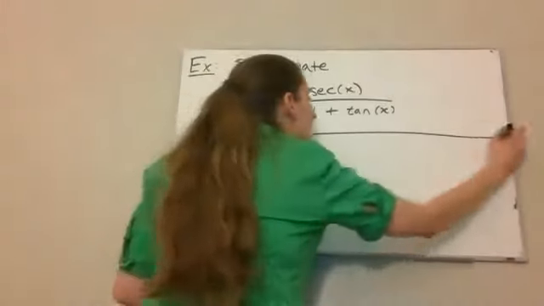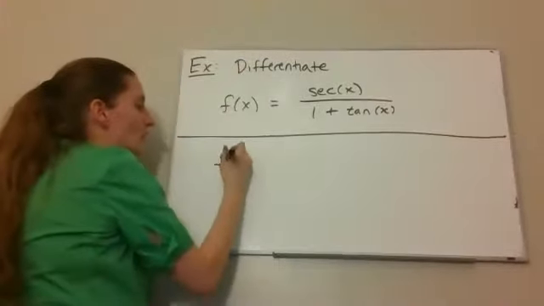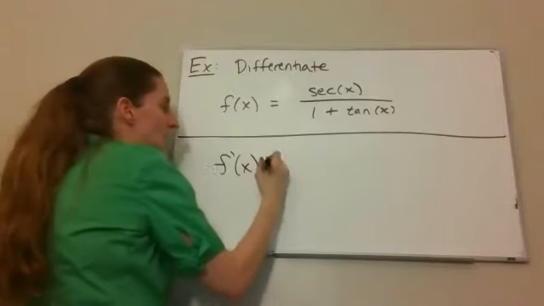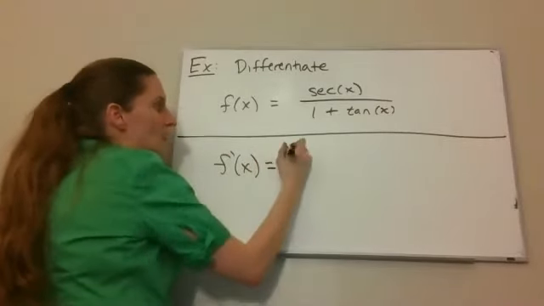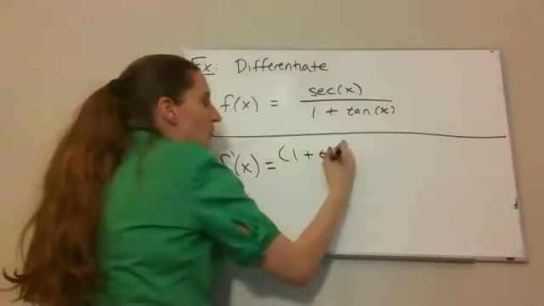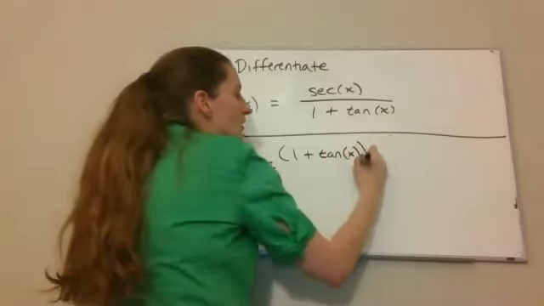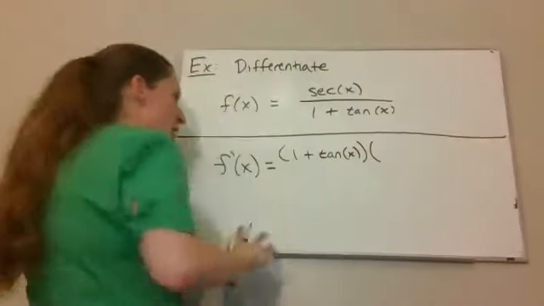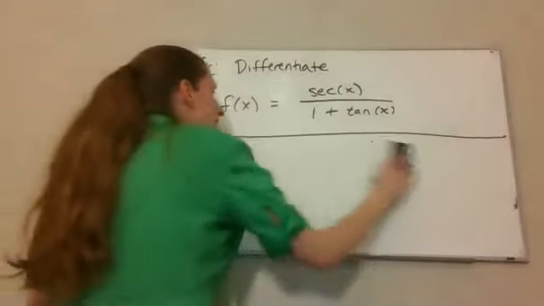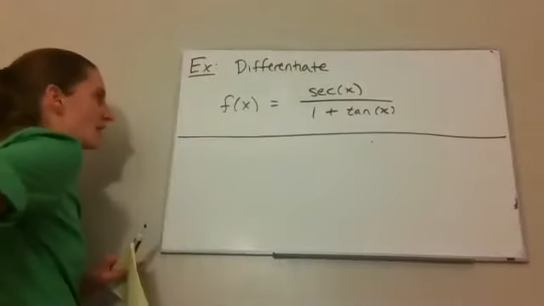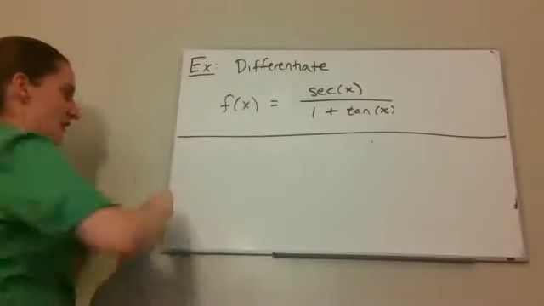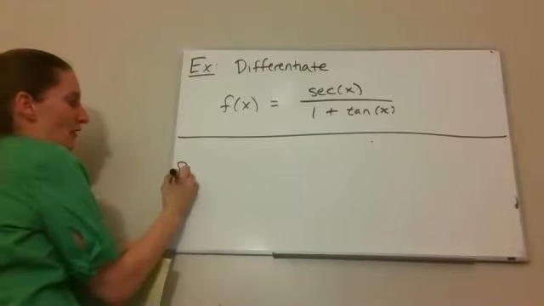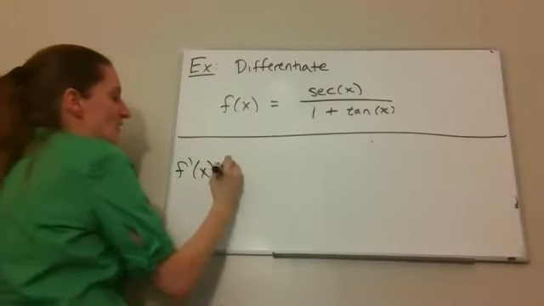So the derivative using the quotient rule is my low times d high. I'm going to need more room than that. Give me a second. We'll start way over here on the end. All right.